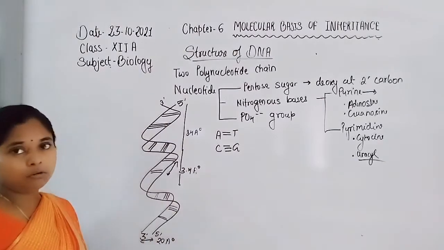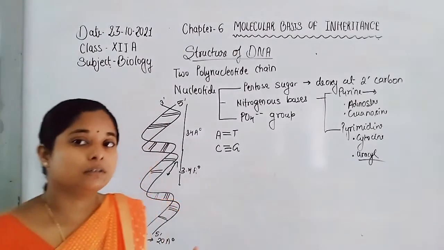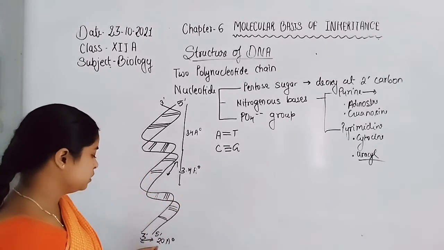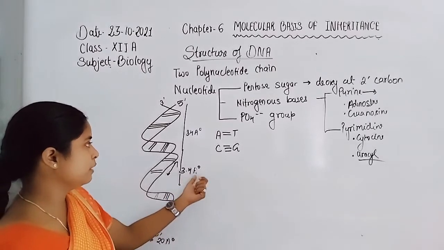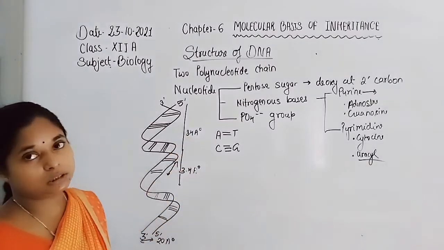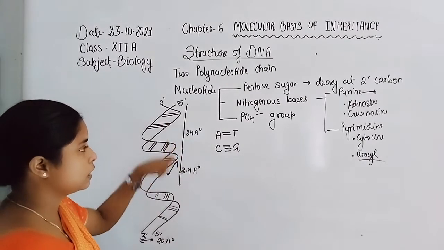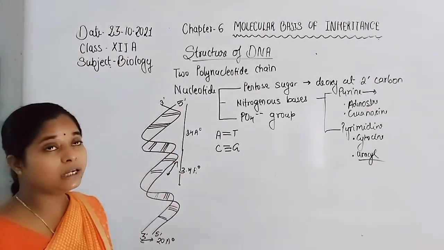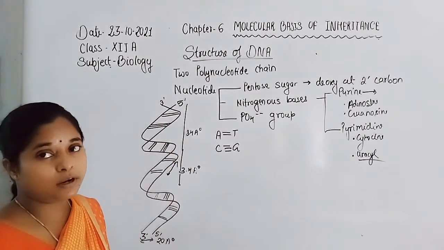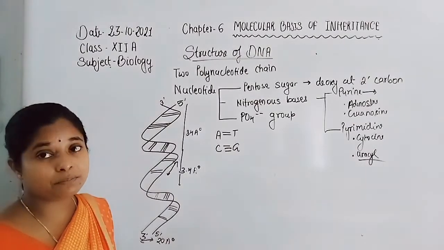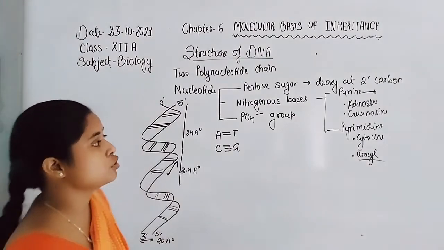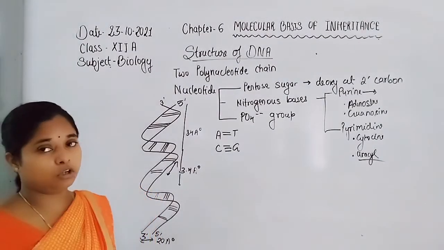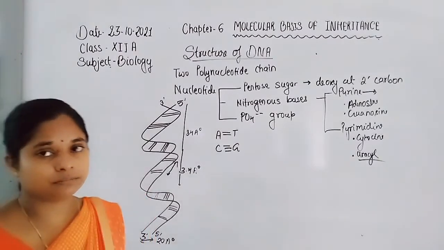So this is the overall measurement of DNA. If we want to calculate in nanometers, then 2 nanometer, 3.4 nanometer and 34 nanometer is the measurement of the DNA. Human DNA consists of 6.6 x 10^9 base pairs, whereas it varies according to the organism.